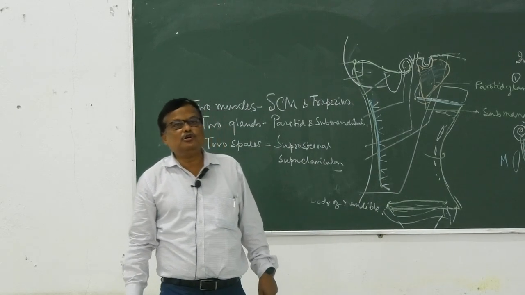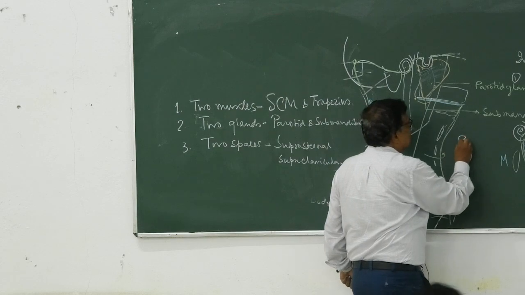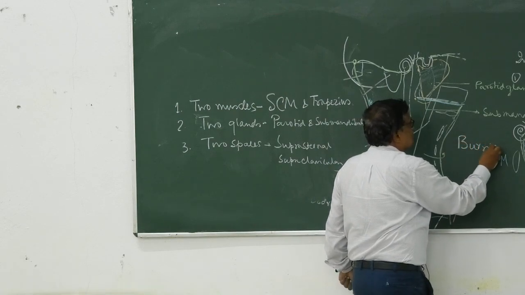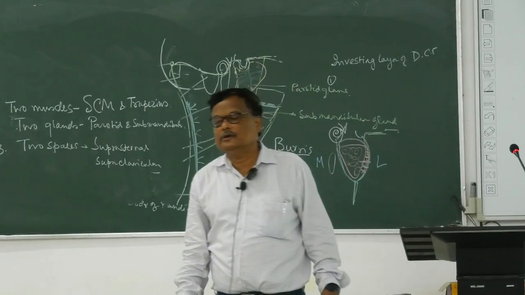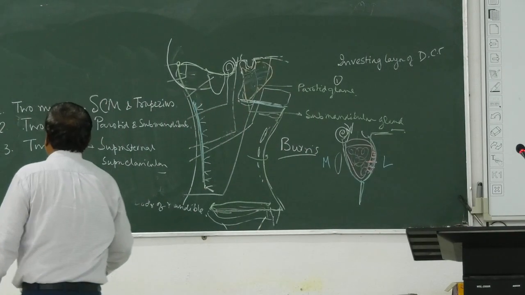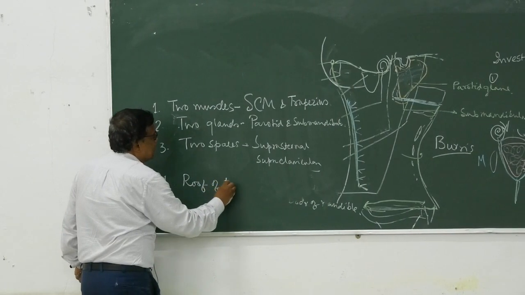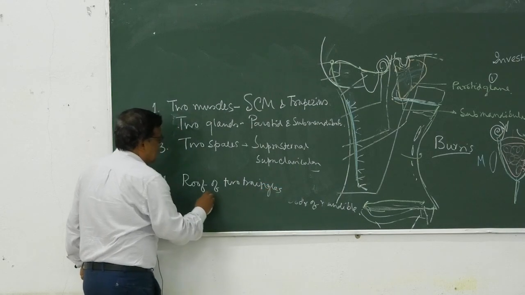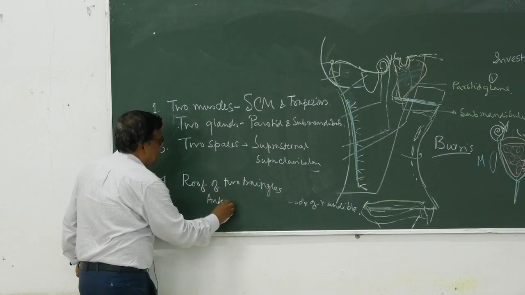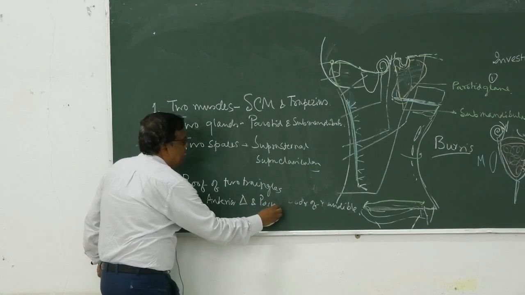সুপ্রাস্টার্নাল স্পেসকে স্পেস অফ বার্নসও বলা হয়। সুপ্রাস্টার্নাল স্পেসের আরেকটা নাম হচ্ছে স্পেস অফ বার্নস। বার্ন মানে পোড়া নয়, বার্নিং নয়, সাহেবের নাম যে ফার্স্ট ডেসক্রাইব করেছে। It splits the neck into anterior triangle and posterior triangle.